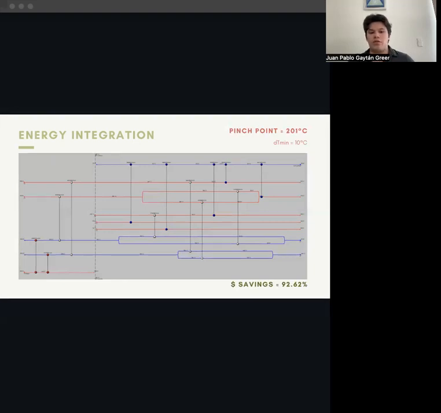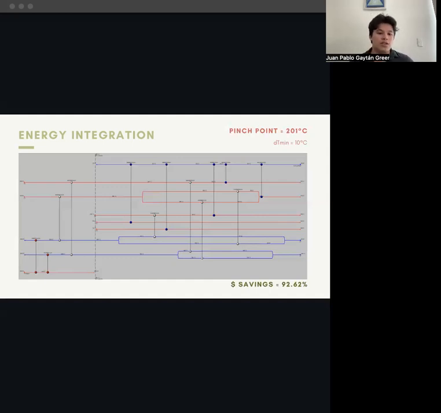As it is shown in the figure provided in the presentation, some divisions needed to be made to achieve compliance with this rule, because below the pinch point, some cold streams had a higher heat flow rate than the hot streams, and there were more cold streams present as the divisions were made.